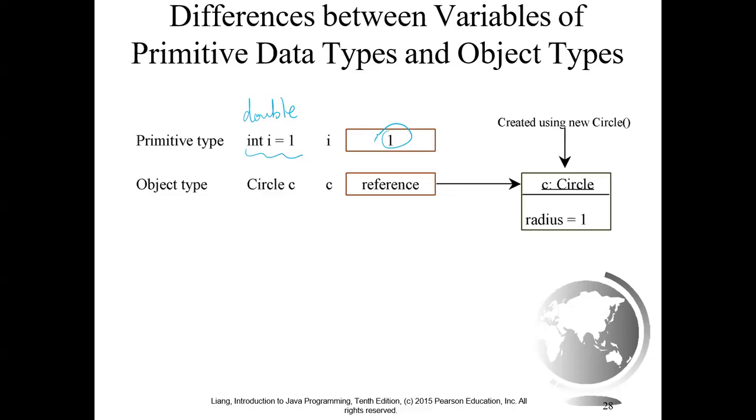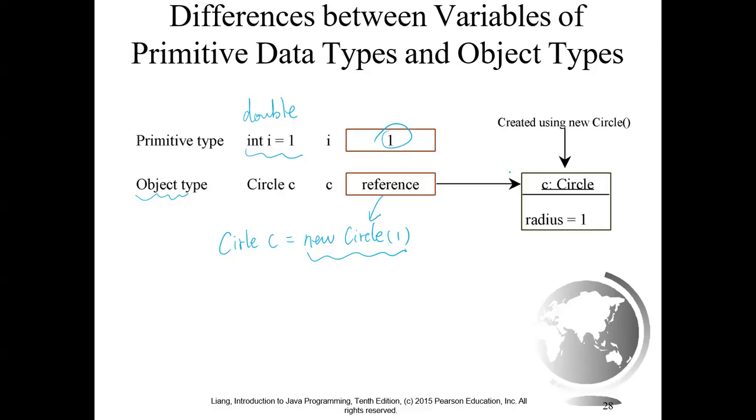And when we are dealing with reference types, for example here it is an object type, right? Suppose we are declaring a Circle c. Actually, this is supposed to be Circle c is equal to new Circle(1), right? So here, this thing is the reference. And the reference is pointing to the new Circle object, which is stored in our heap.